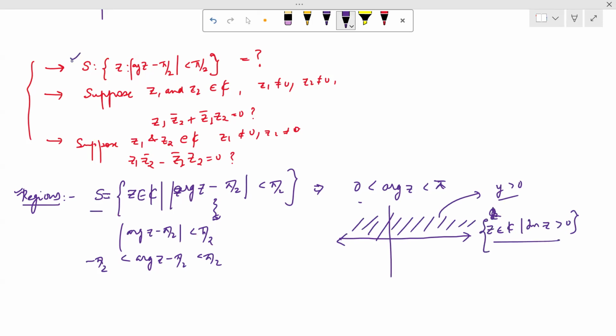So this particular region is nothing but the upper half of the complex plane. This is one important thing that I wanted to tell you.